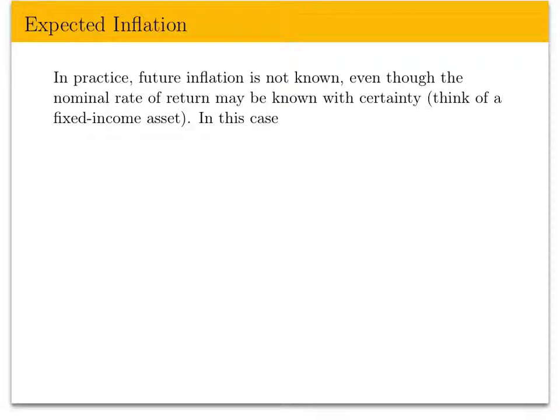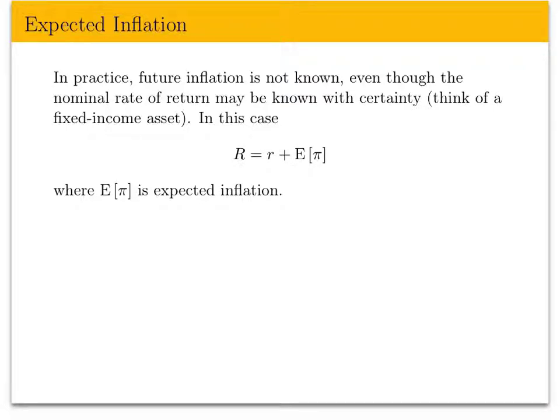Now in practice, future inflation is not known, and so even though the nominal rate of return may be known with certainty, in the case of a fixed income asset, for example, we may not know what the real rate will be because of the unknown inflation.